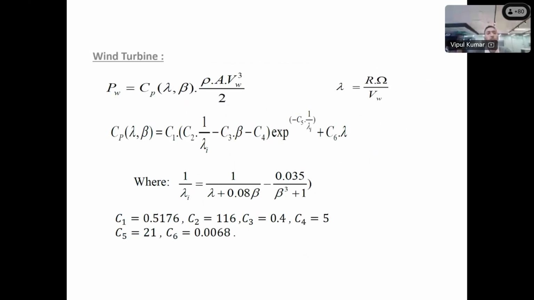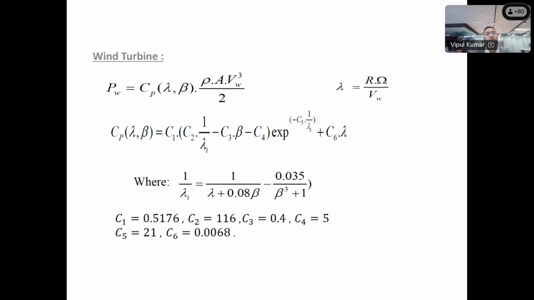This is the wind turbine equation: P is equal to Cp rho A V cube by 2. Rho is the air density, a constant with a value of 1.225. A is the wind turbine swept area, that is pi r square, where r is the radius and V is the wind speed.